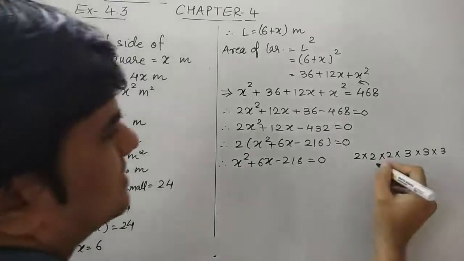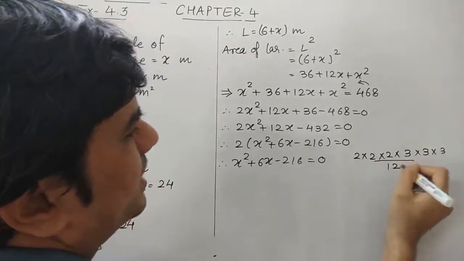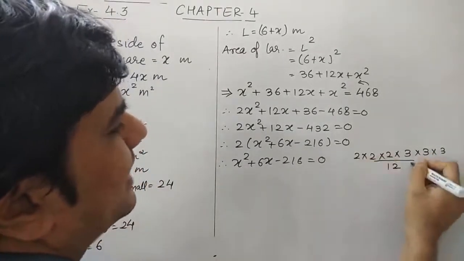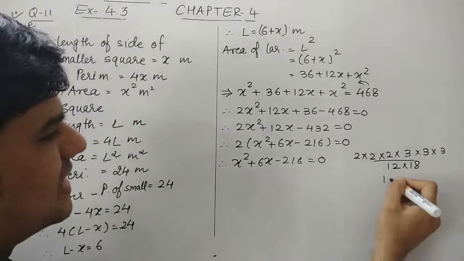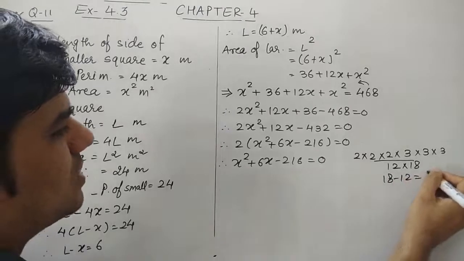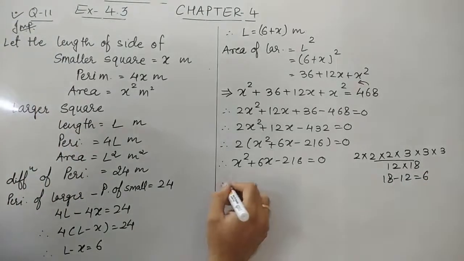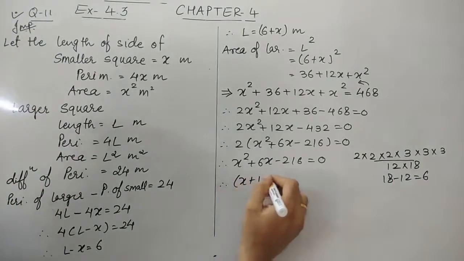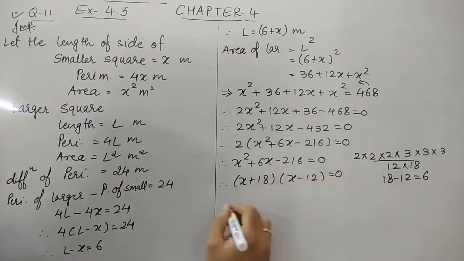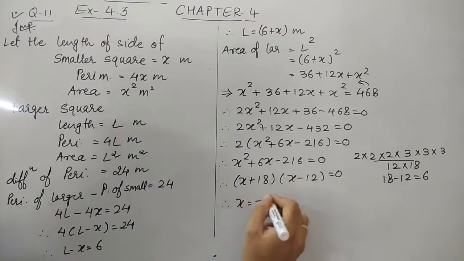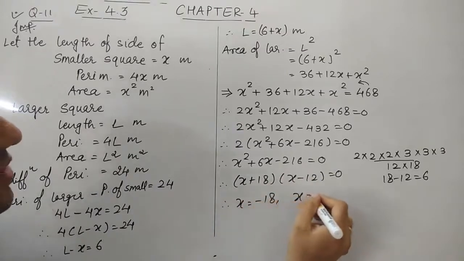So let's try this. 4 3s are 12 and 9 2s are 18. So here we obtain the answer. So the factors are 18 minus 12 is equal to 6. So we can write the factors directly: x plus 18 and x minus 12. So one solution for x is minus 18 and the other is 12.